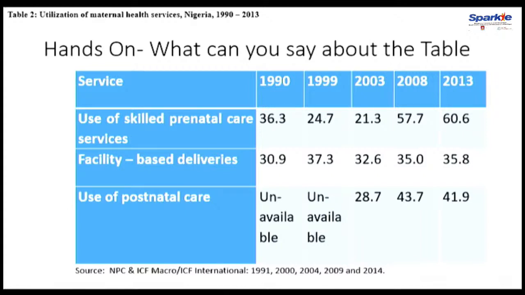Me, I won't call them option. They are categories of the variable service. So we have use of skilled prenatal care services, facility-based deliveries, use of postnatal care. And we have 1990. Which variable is this? Year. 1990, 1999, 03, 08, and 13. Okay? Now, what can you say about these figures?